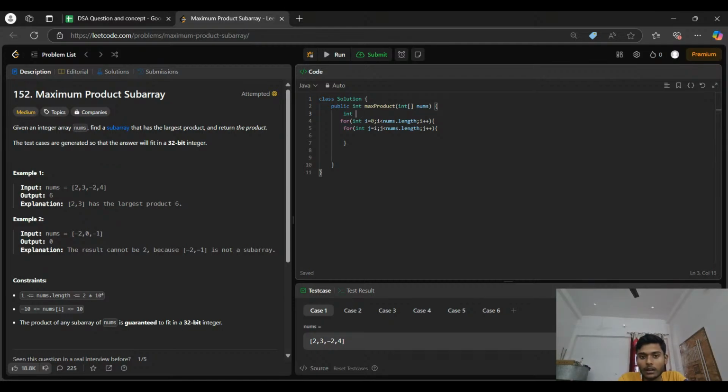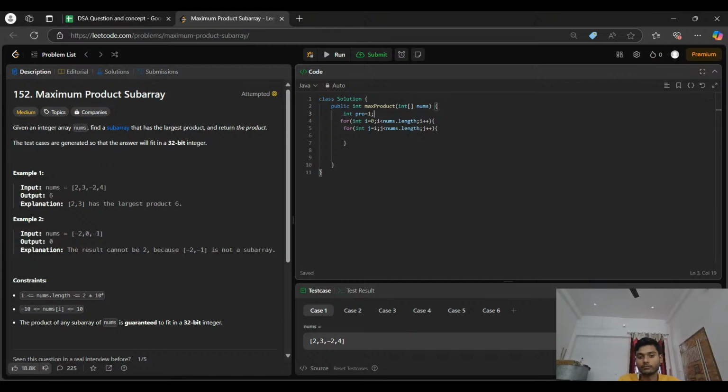We give the variable the name pro. Not max pro, only pro, right? We give it because zero multiplied by zeros is zero. That's the reason why we give one as the first input to pro.